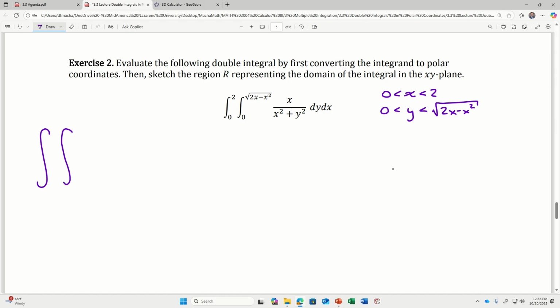Of course, I eventually want to convert this to polar so that my integration is going to be r dr d theta. And what I know is x is equal to r cosine theta, not cosine squared, just cosine theta. And x squared plus y squared is r squared.